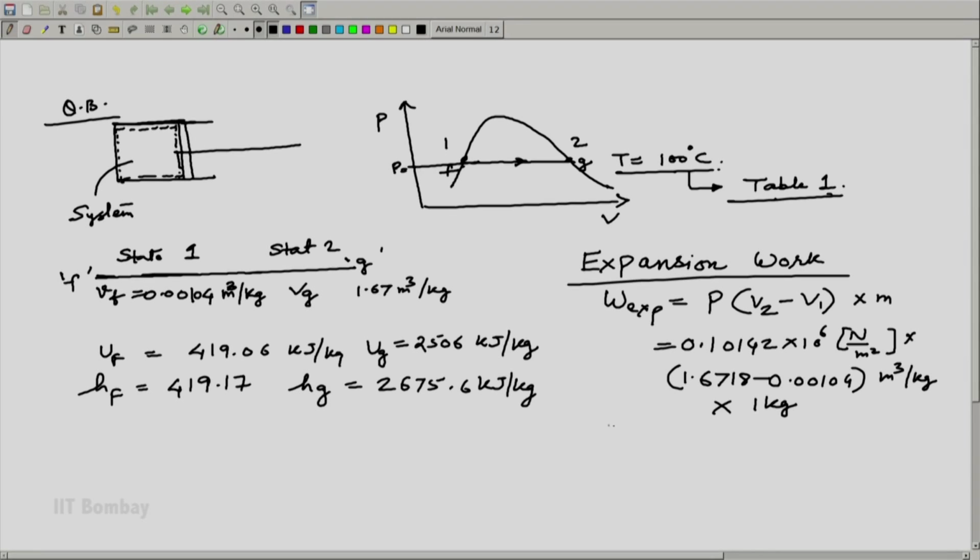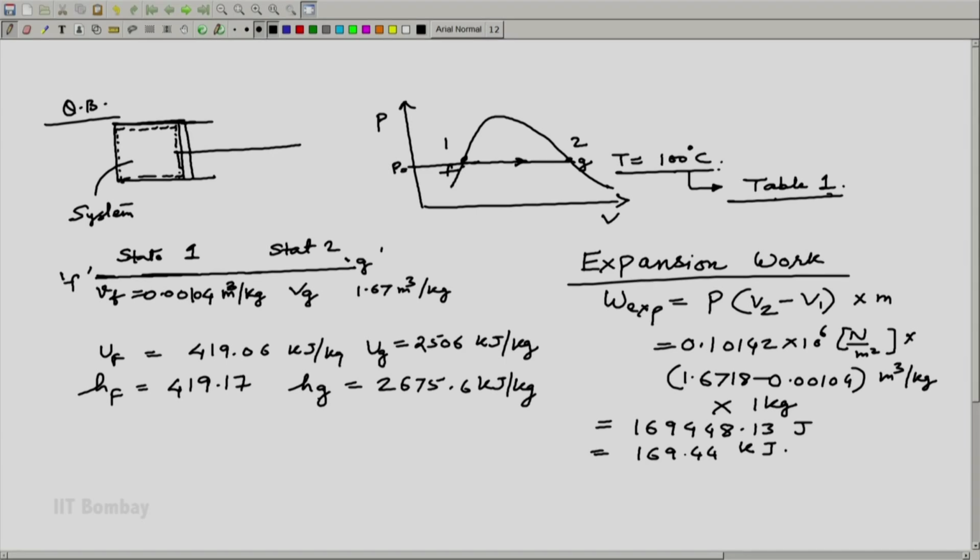This will give us expansion work which is equal to 169,448.13 joules, which is equal to 169.44 kilojoules. So this is my expansion work.